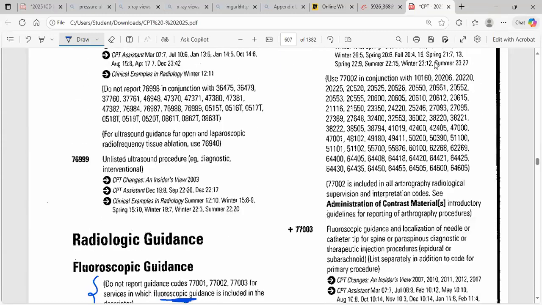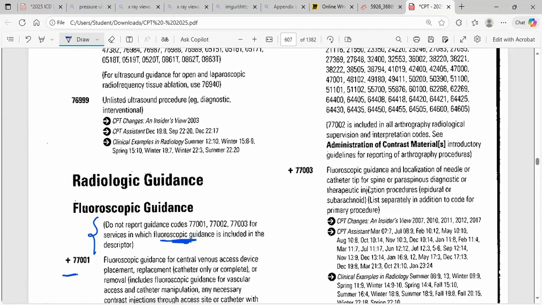And 77003 is specific for the spinal procedures. So if it is a spinal procedure, you are going to use 77003. If it is a vascular procedure, 77001, and 77002 for non-vascular procedure. And you have to remember, if the code descriptor already includes the fluoroscopy, then we don't need to bill this separately.